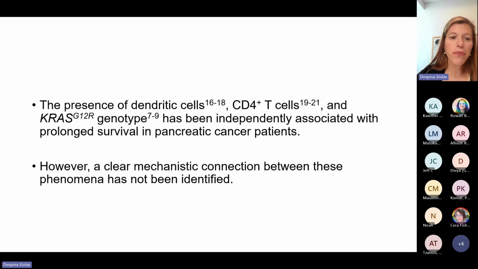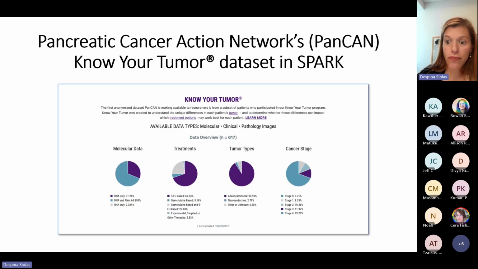While we're digging up all this info, what we discovered was that the presence of dendritic cells, CD4 cells, which I didn't talk about, but that's also clinically relevant and mechanistically relevant, and G12R genotype, are all independently associated with prolonged survival in pancreatic cancer patients. However, a clear mechanistic connection between these phenomena has not been identified. So we're still on this hunt to try to figure out what's going on.